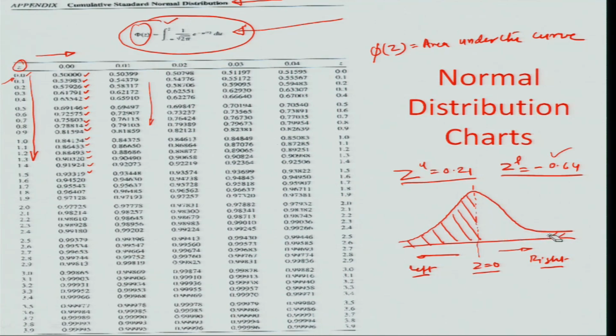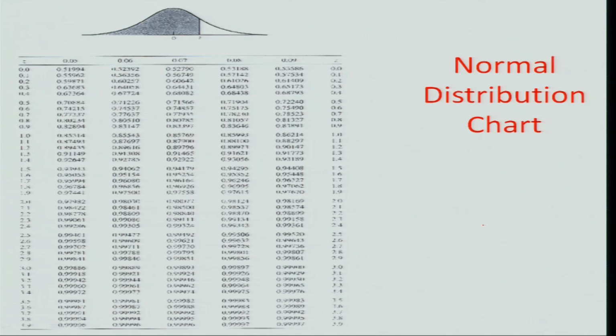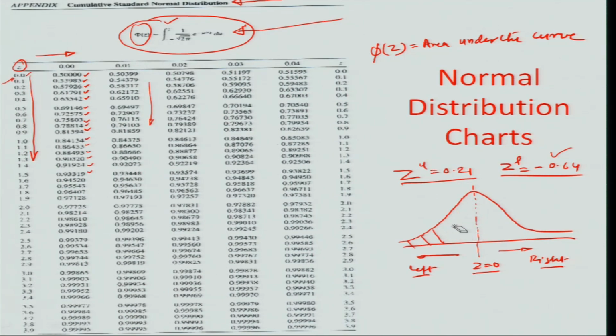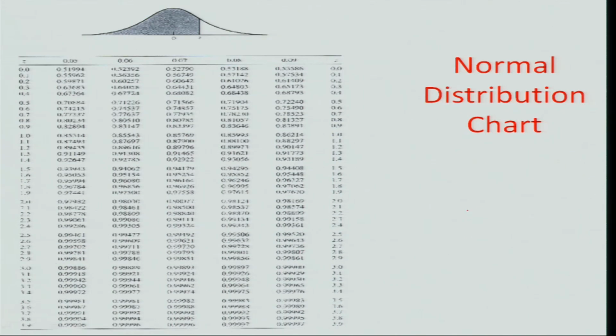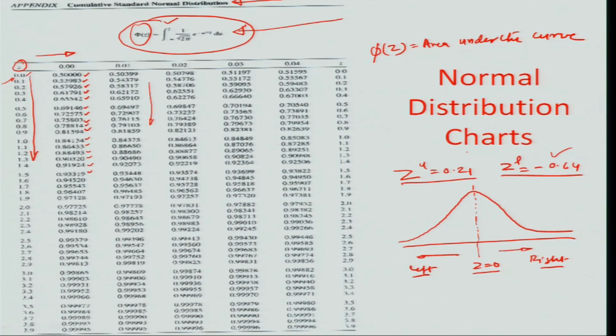Whenever we say a particular phi z value, the way the numerical integral has been calculated represents the area up to that particular value. So let us say there is some value here corresponding to z equal to 0.21, as in the case of the upper tolerance limit that we obtained as a z variate value in the last slide.